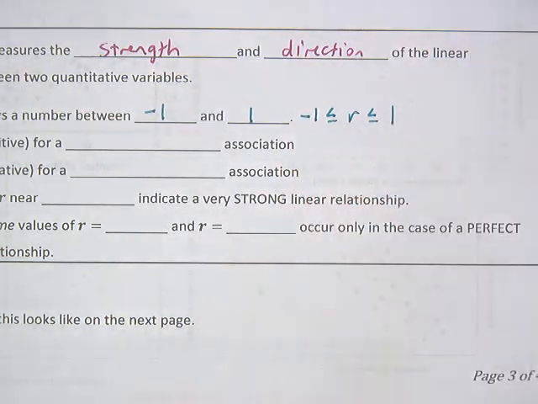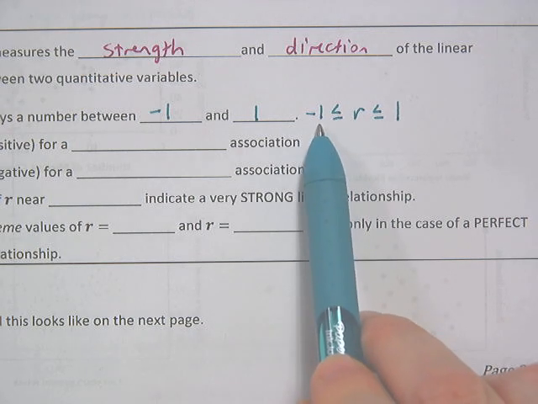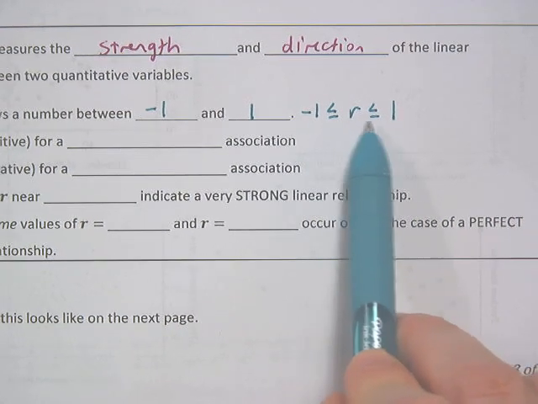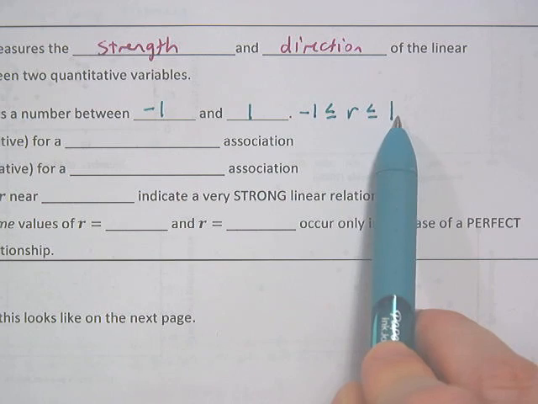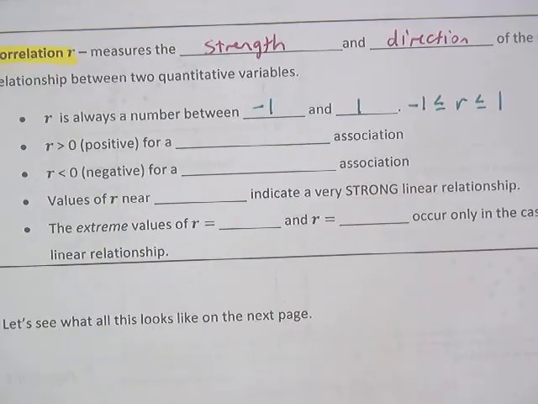I'll give you a question and I'll say, out of all of these answer choices, which one is not true? So you'll have to go through there and make sure you know all about R and pick the one that's not true. R is always between -1 and 1. And notice it is allowed to be -1. It can actually be +1. So the or equal to signs are thrown in there.